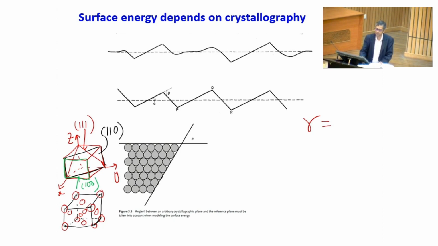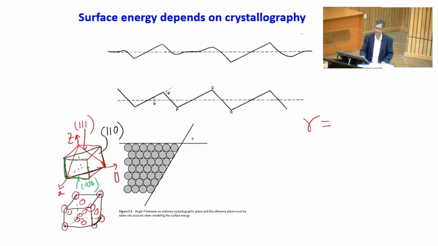So, what about the 1, 1, 0 plane? How many atoms are there? You can see 1, 2, 3, 1, 2, 3, 6. The number of atoms is different also. If this is the plane which is the surface plane, then 6 atoms will be sitting on the surface, right? And their bonds will not be satisfied. So, for the sake of simplicity, if you assume 6 bonds are not satisfied, 6 into u multiplied by what?